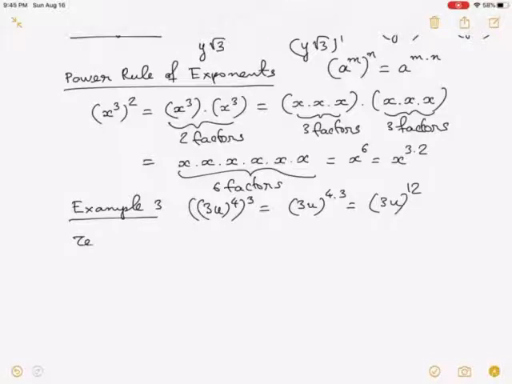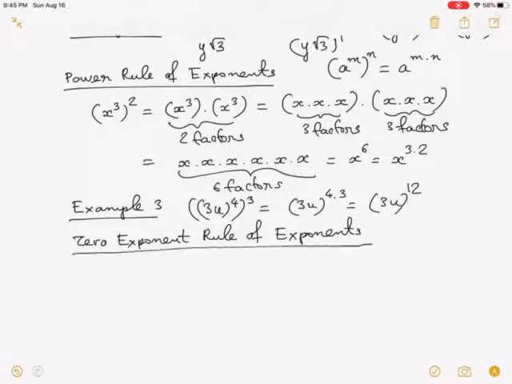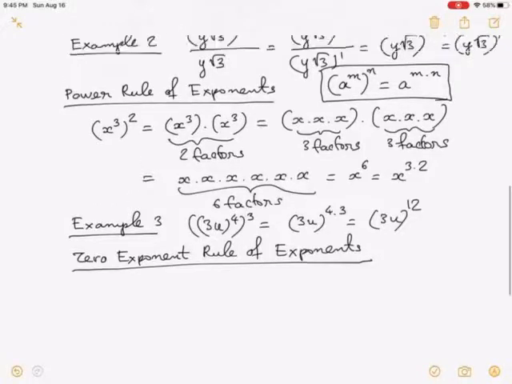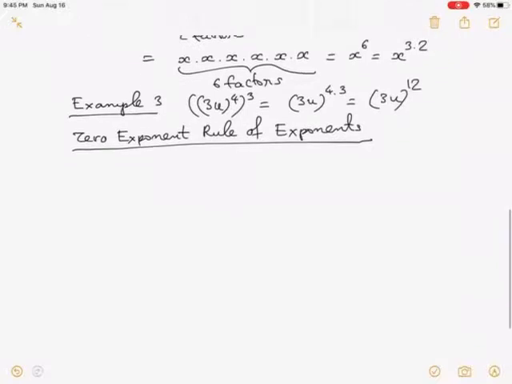So next, zero exponent rule of exponent.